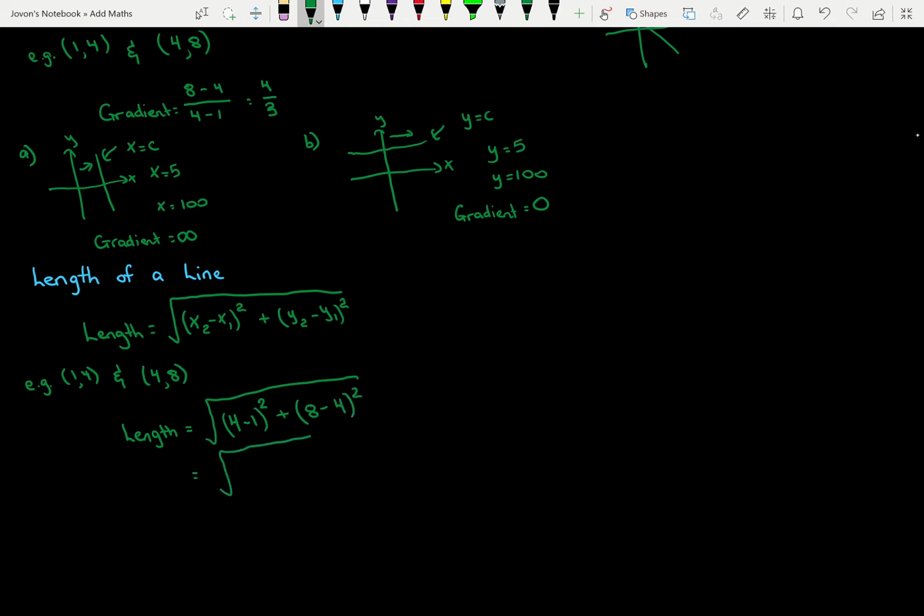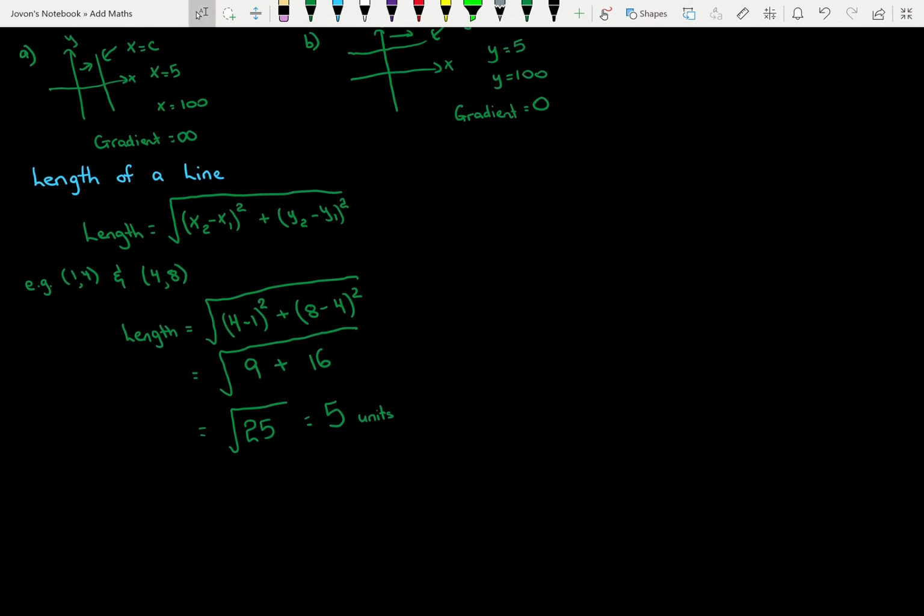So 4 minus 1 is 3, and 3 squared is 9, plus 8 minus 4 is 4, 4 squared is 16. This is equal to the square root of 25, which is equal to 5. So the length of the line connecting these 2 points is 5 units. We normally say 5 units if the unit is not known.